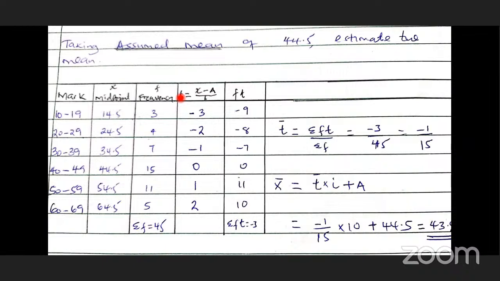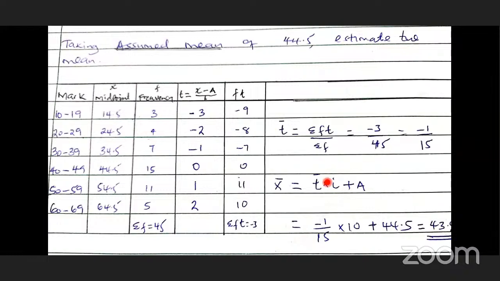We now have the mean of t. How do we use this mean of t to go back to the mean of x? We take the assumed mean, then we add the mean of whatever deviations we had.